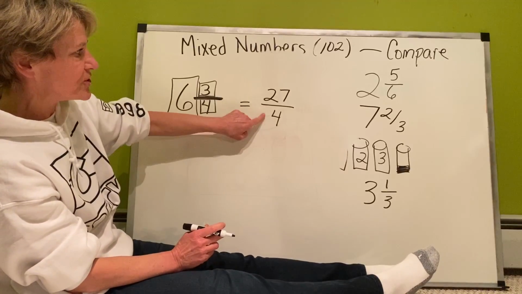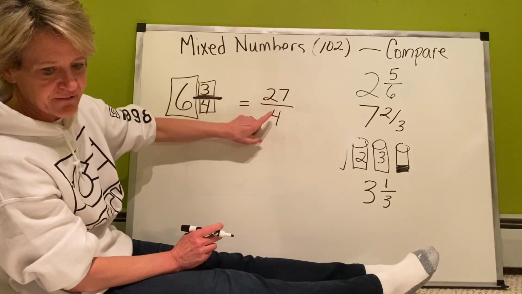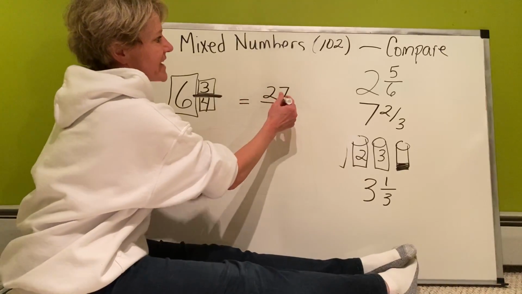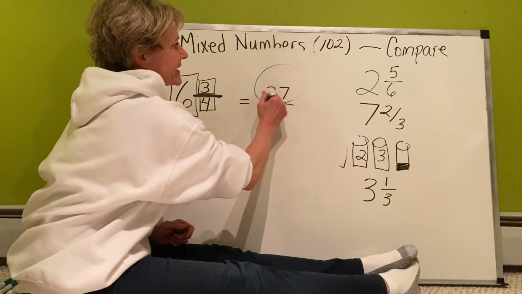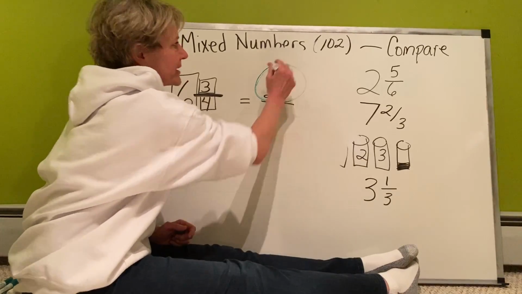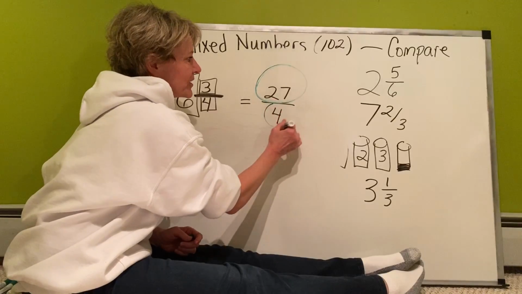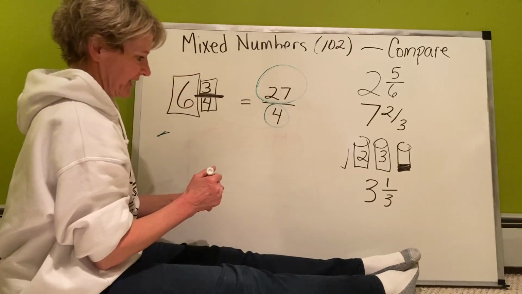But first, before I show you that, let's take a look at 27/4. 27, that's a pretty big number, so I'm going to draw a pretty big circle. 4, not so big, so I'm going to draw a circle that's not so big.